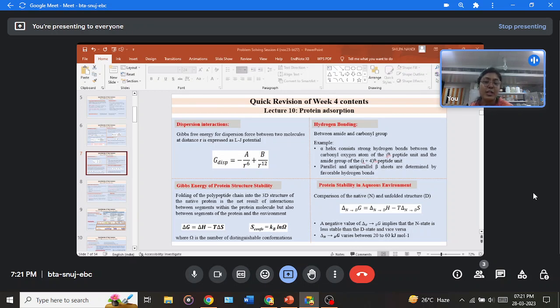This value usually varies between 20 to 60 kilojoule per mole.